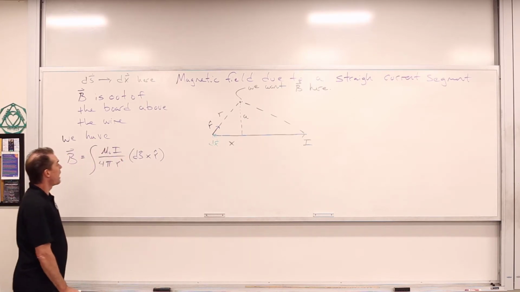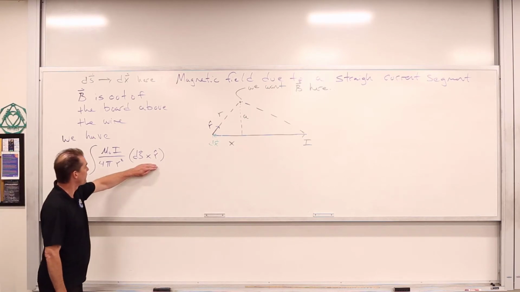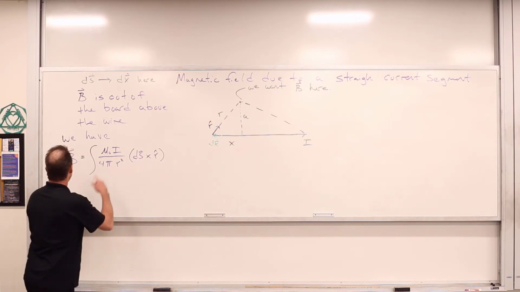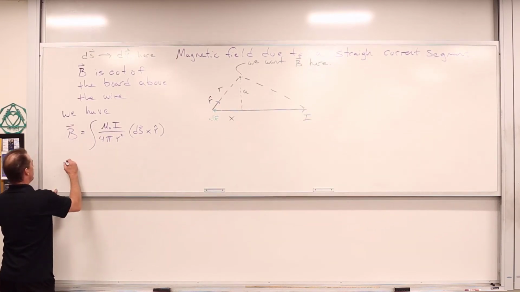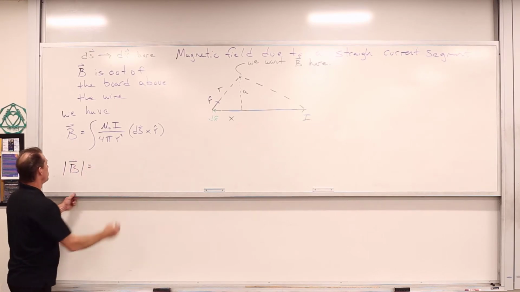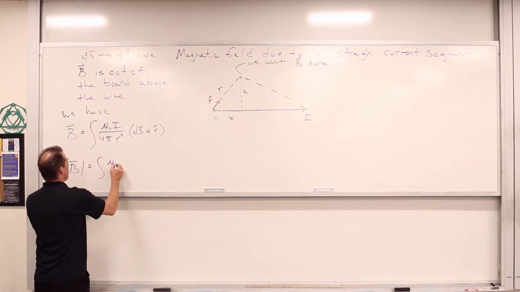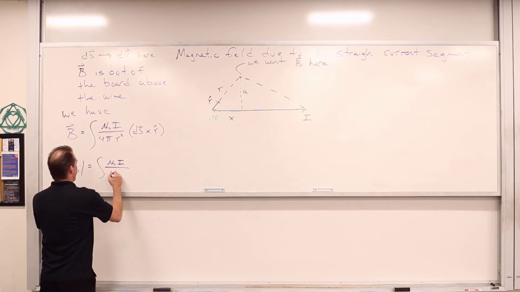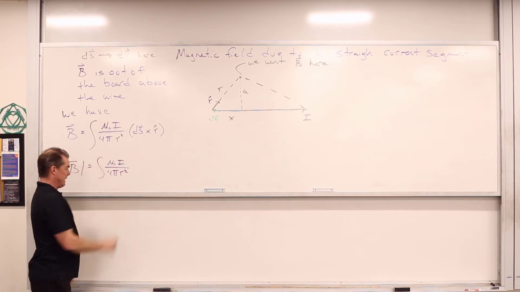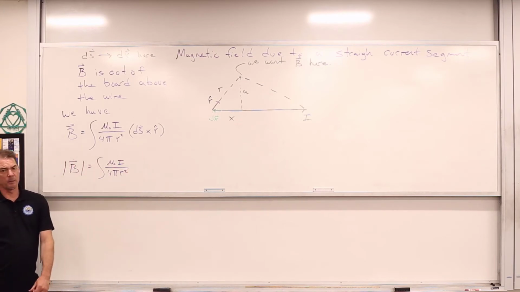So first off, we could resolve this cross product here because we already know the direction, and we can get something nice out of this. So let us write this. The magnitude of B hat is going to be equal to the integral of mu 0 I over 4 pi r squared. And then we know how to deal with cross products in terms of magnitudes.